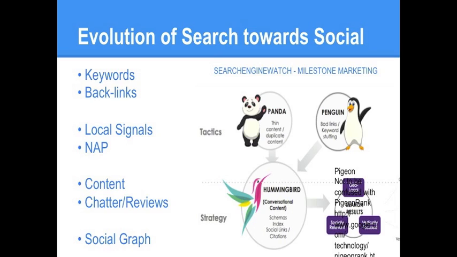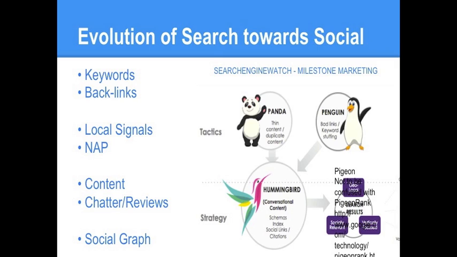Then with their Panda update, they started looking for content that wasn't very useful, was clearly designed to just draw clicks but didn't really answer customers' questions, and they started penalizing duplicate content more. That led us into this Hummingbird update, which really looks at search as a conversation.